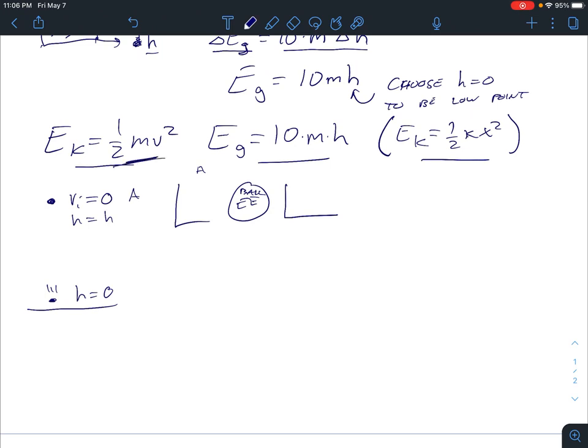This would be 0. But it's got some gravitational potential energy, maybe like 4 little bars worth. And when it gets to the ground at position B, now its height is 0, so it doesn't have any EG anymore, but it's moving toward the ground, so it has EK.